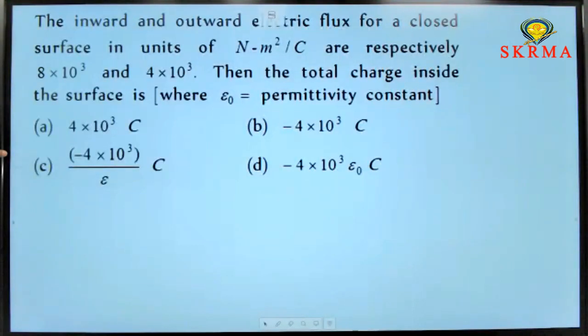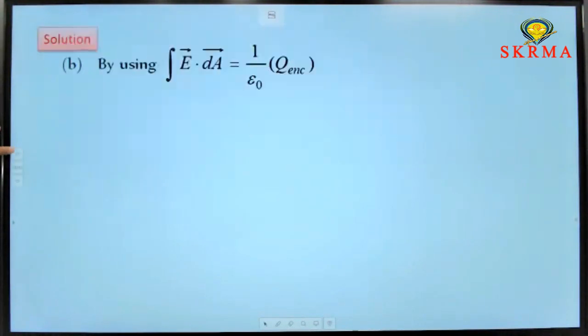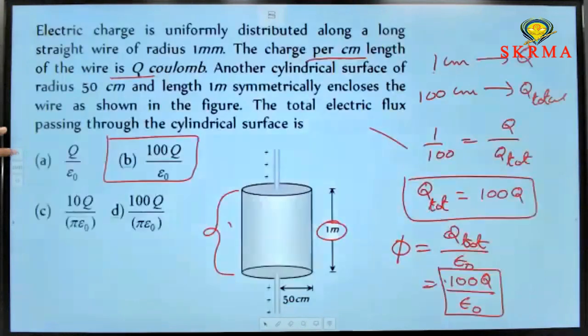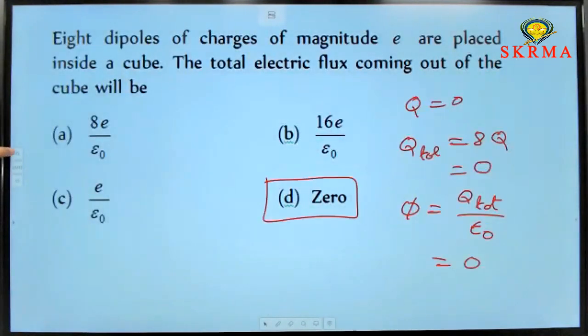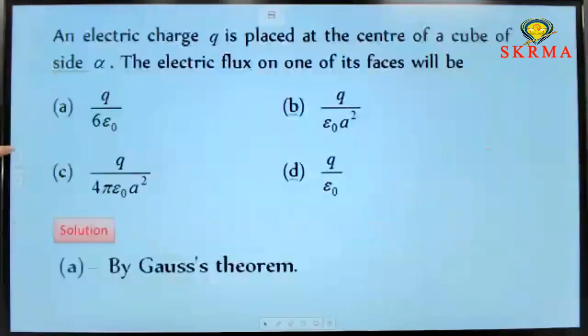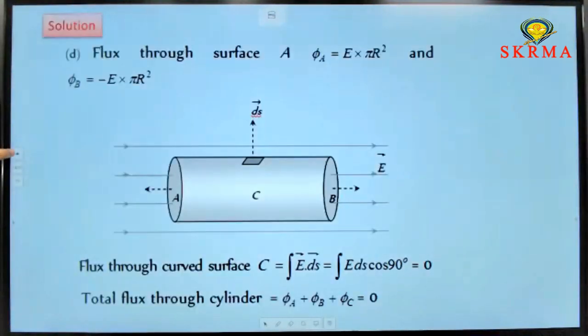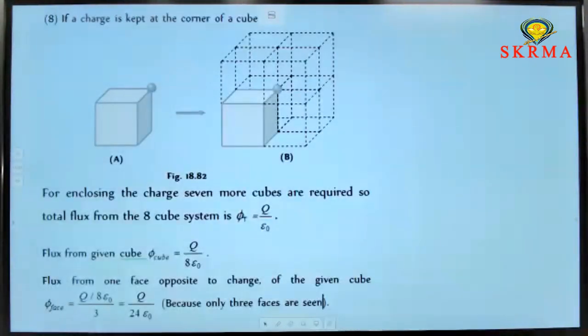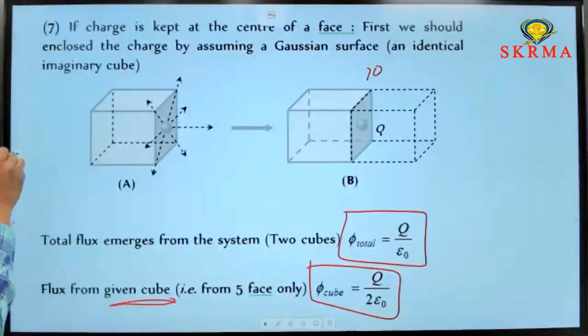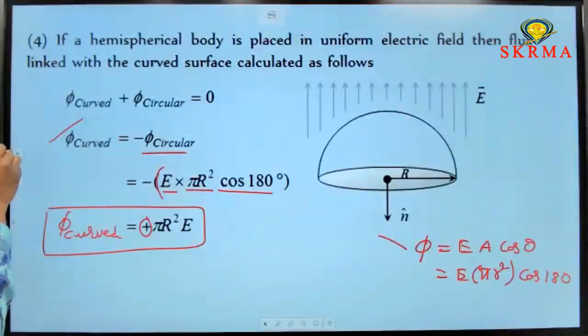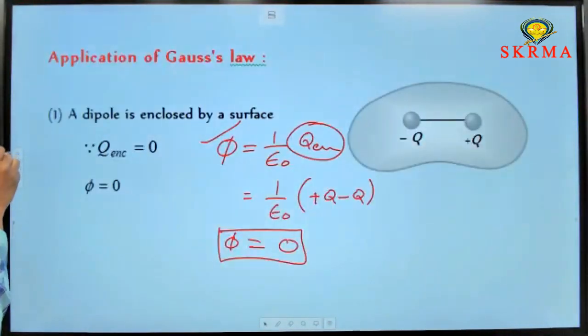What is the sign convention for inward and outward? We already discussed that one, so let me check that. What is the sign convention? I think it is in the first slide.